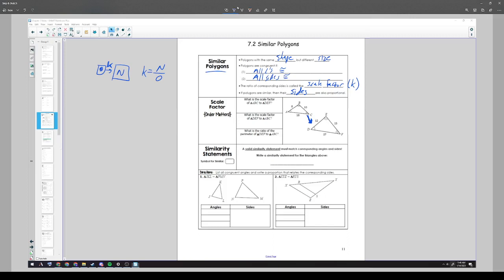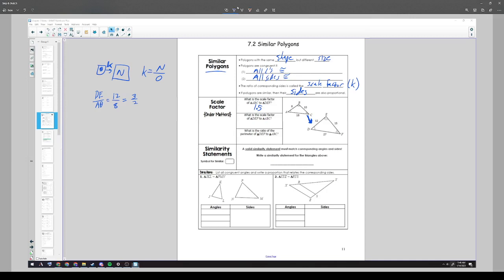For example, DE over its corresponding side, AB, and that would be 12 over 8. So our scale factor would be 3 to 2, or 3 halves, or 1.5. 1.5, 3 halves, whatever. As long as it's a terminating decimal, that's fine.